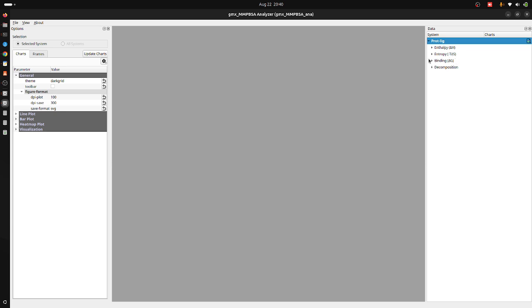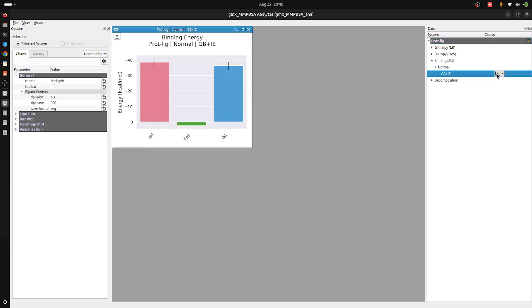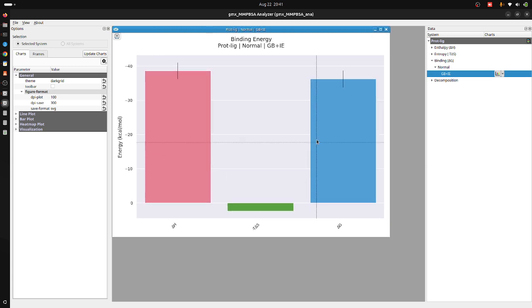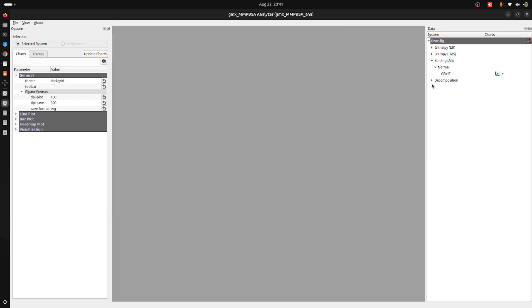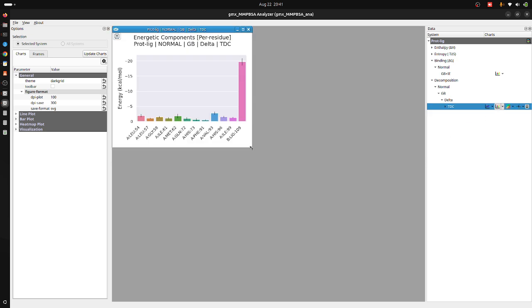We will go for the binding, and this is the binding of our system. Yeah, it's around minus 35 or 36 something, right? We will see it. Okay, this is the delta G binding we are looking for.